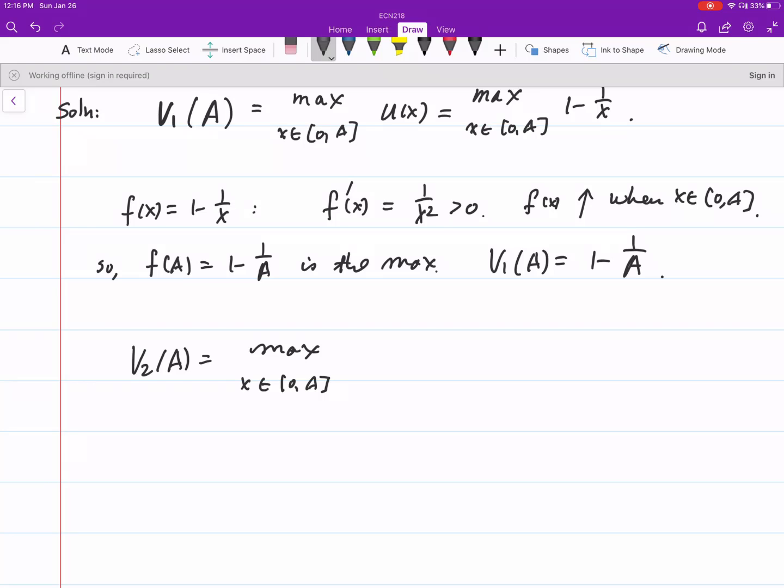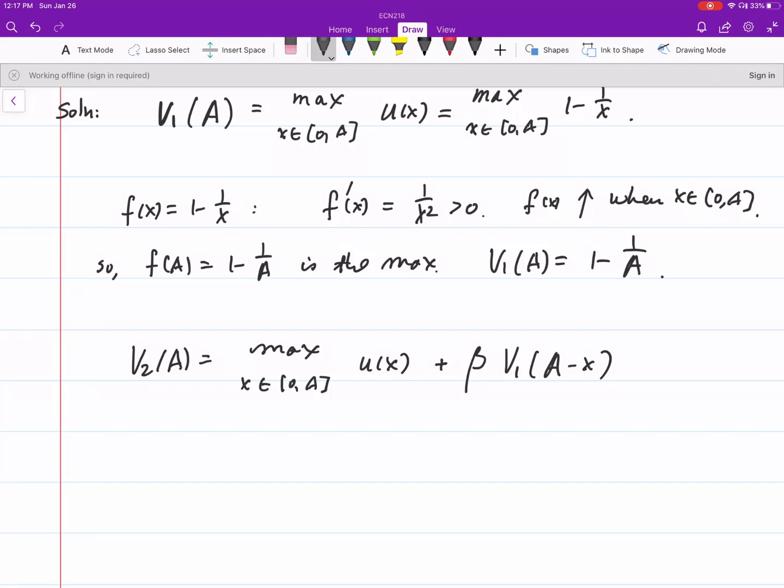We have U of x, the utility we gain from allocating x to the first period, or the present period, and then plus beta times the optimized future utility. Since we have already allocated x to the first period, we only have A minus x left. Okay, so this is what we have.